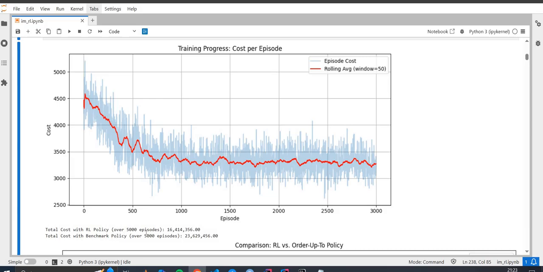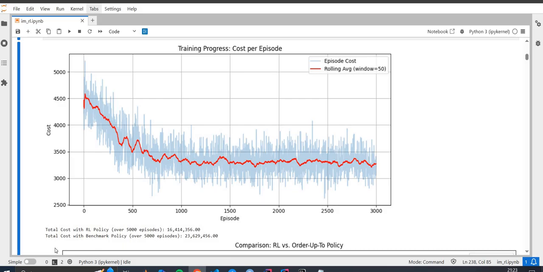Below the graph, we have the initial cost numbers. You can see here the total cost with the reinforcement learning policy, over 5,000 episodes, is around 16.4 million.